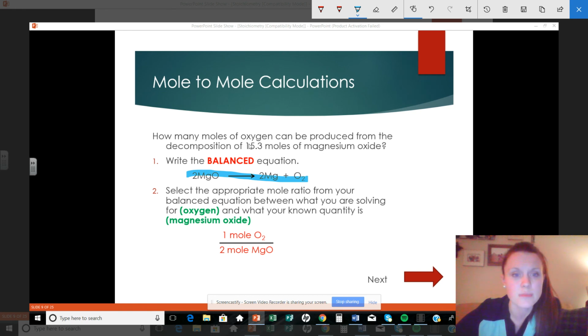So in this example, you are looking to find how many moles of oxygen. I know that I'm going to be using oxygen because I have to calculate how many moles of oxygen, but the compound that I'll be comparing my oxygen to is magnesium oxide. So I know that my molar ratio is going to have magnesium oxide in it and oxygen in it.